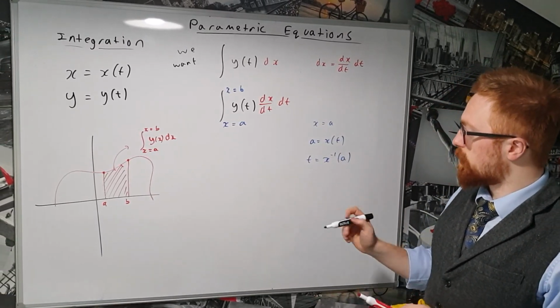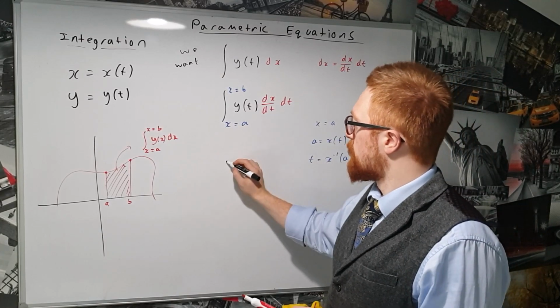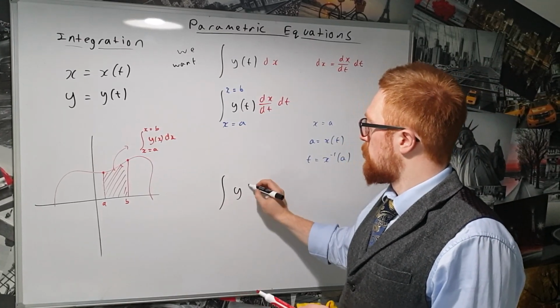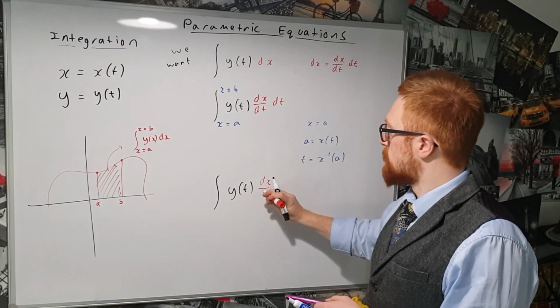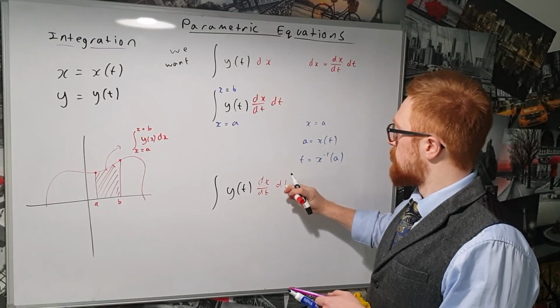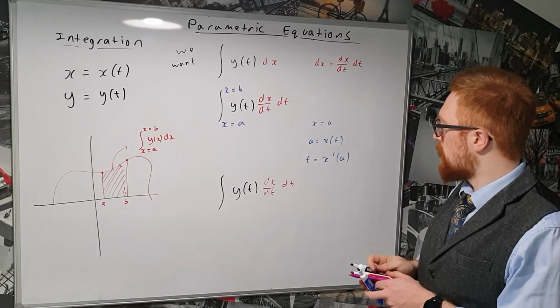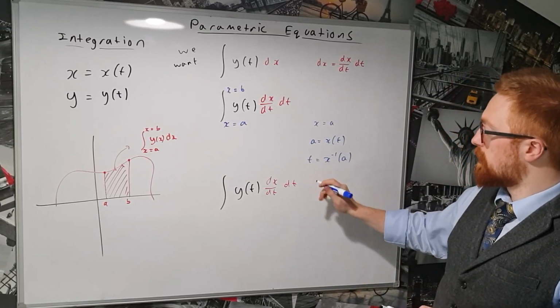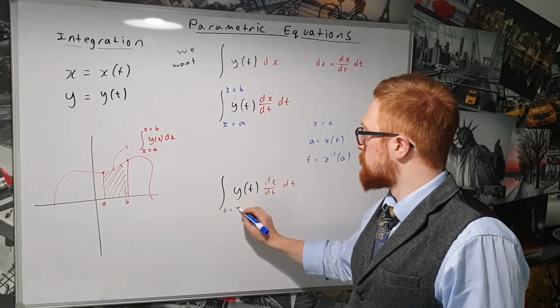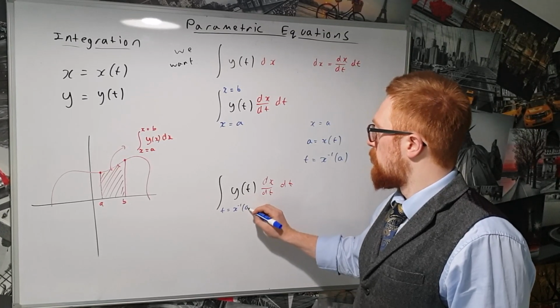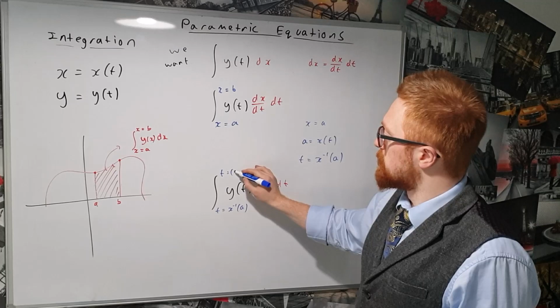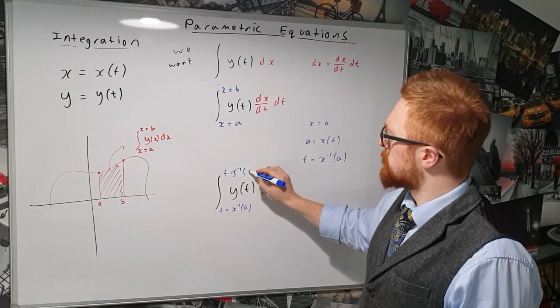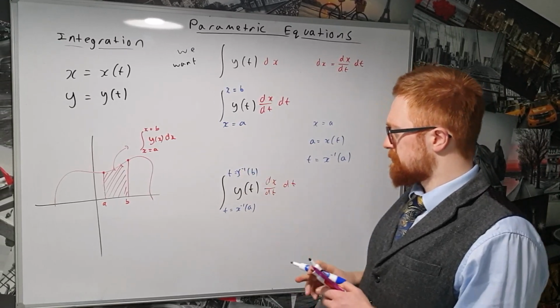So then our final equation is that the area is equal to the integral of y of t dx/dt dt, and then our limits become t is equal to x inverse of a, and similarly t is equal to x inverse of b.